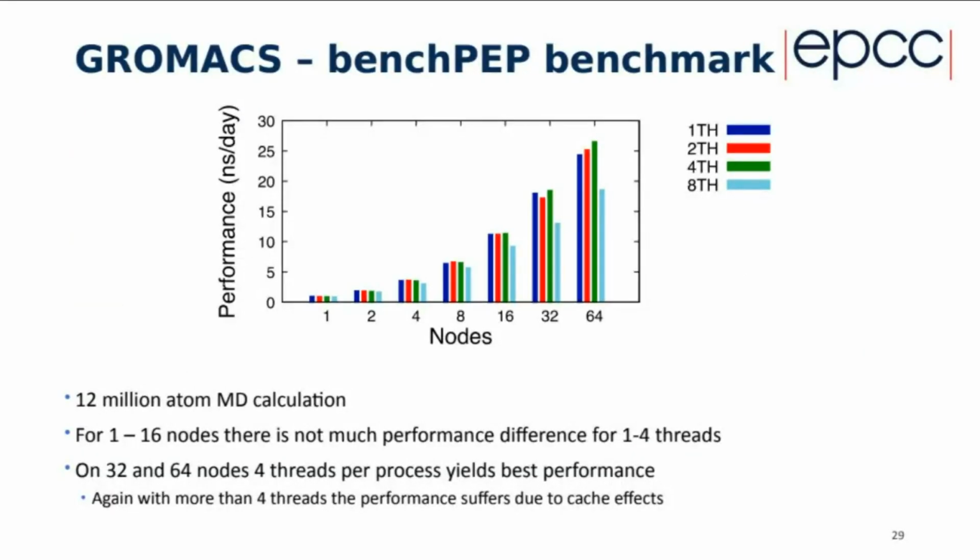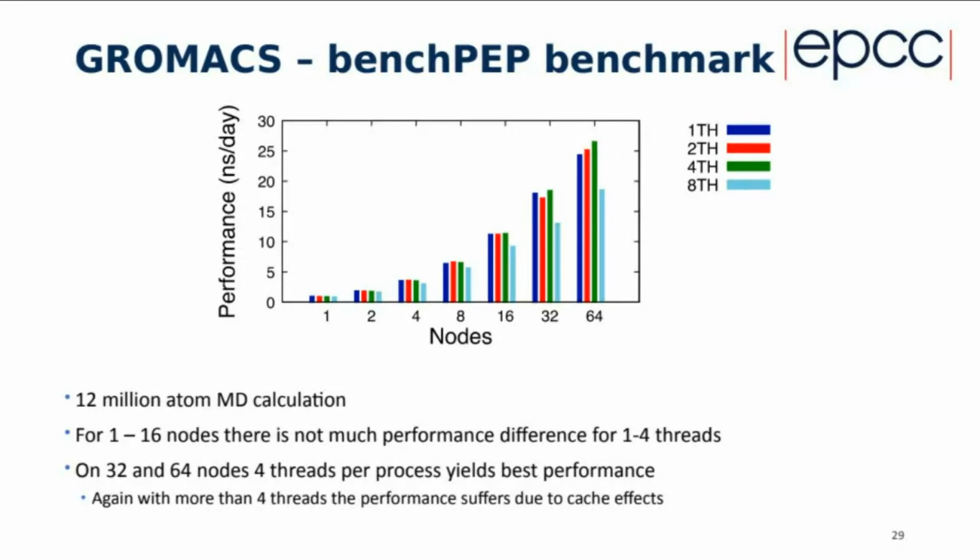And then this is a slightly larger GROMACS MD simulation. This is a 12 million atom one. Again, we see a similar thing. There's not much benefit from using MPI plus OpenMP for 1 to 16 nodes at the lower end of the scale, but when you start to get beyond or at the scaling limit, using multiple threads per process starts to give you better performance.